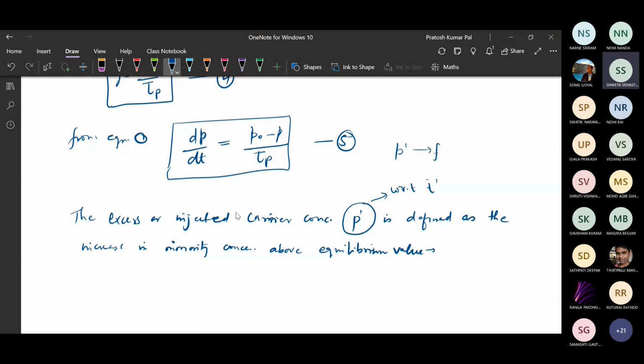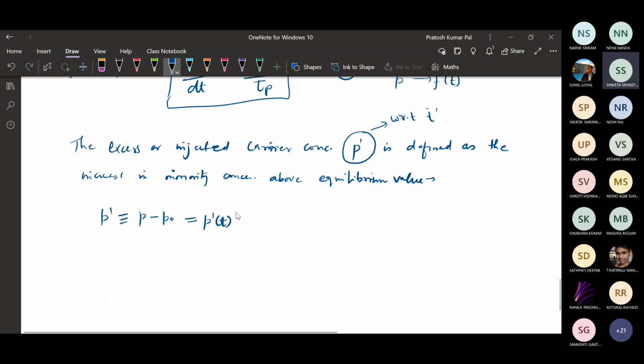So p dash equals whatever the hole concentration p is at a particular time, minus the initial condition p naught.